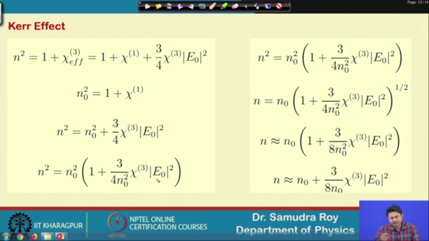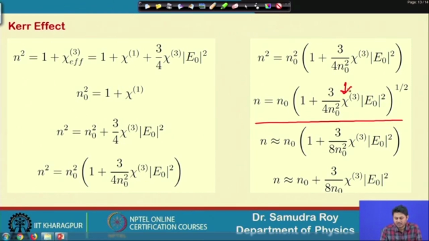Then I can make some kind of approximation. n is now replaced by this, by taking the power half term, and once we have the power half, we can expand it with a binomial series, because this term normally is very small; chi 3 is very small. We already showed in the last class that it is of the order of 10 to the power of minus 20.